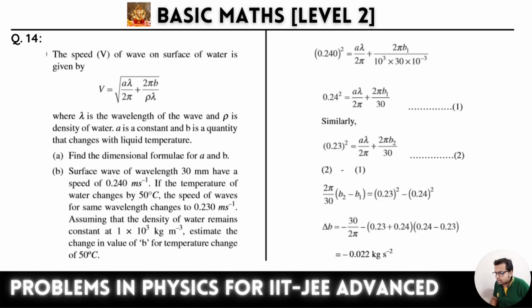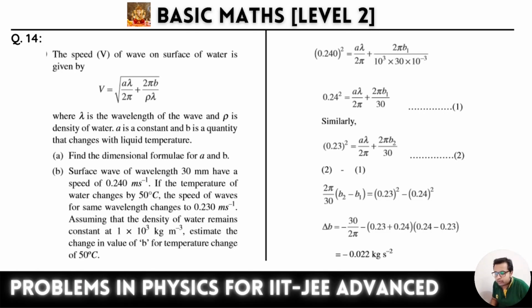So when we do 2 minus 1, we get 0.23 square minus 0.24 square is equal to Aλ upon 2π will cut, so we get 2π upon 30 times (b2 minus b1). And b2 minus b1 is delta b.